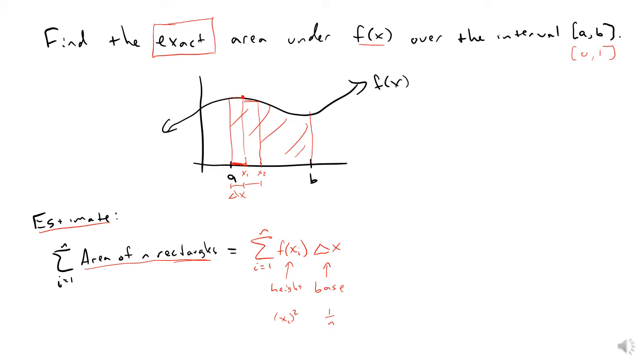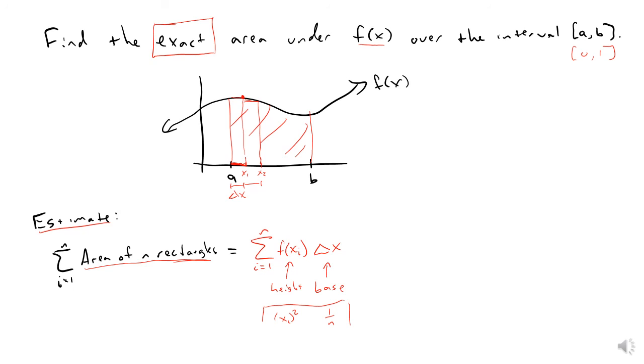If our interval is from a to b, then we have to calculate what the base would be in that case, and then figure out the height. The height depends on the function. Last time we were doing x squared, but this could be whatever other function. Now I'm just generalizing the idea. So this gives me an estimate to the area.